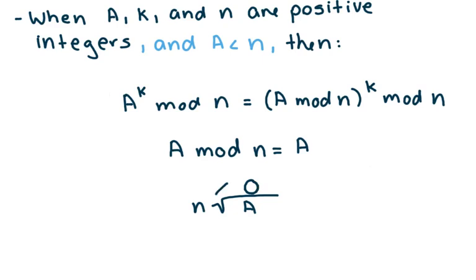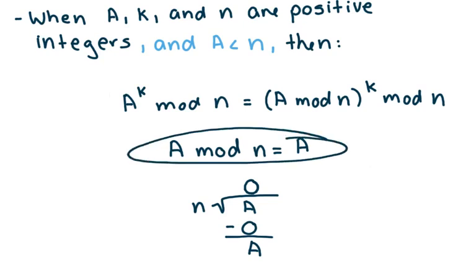So when you multiply n by 0, you're going to get 0, and a minus 0 is simply a. So the remainder of a divided by n is simply a when a is less than n.